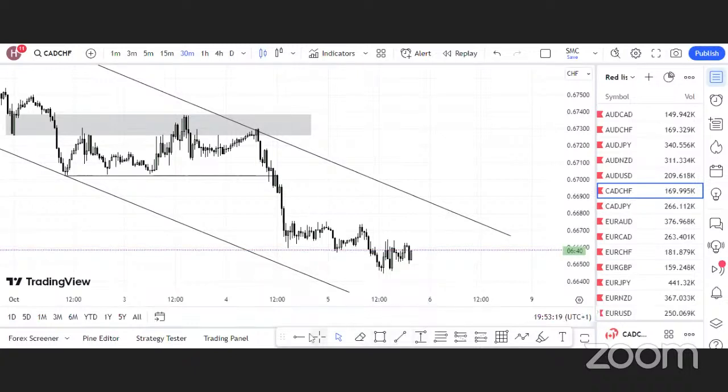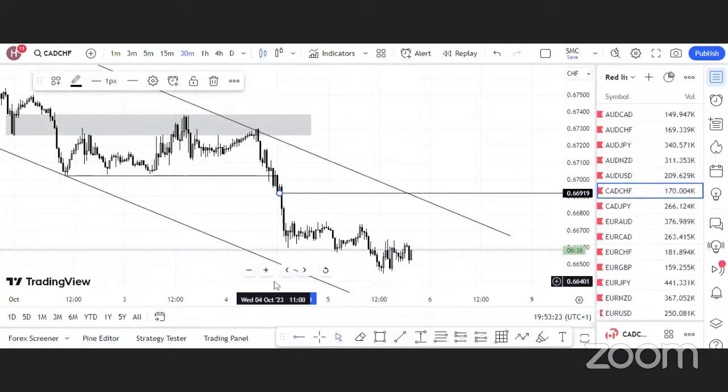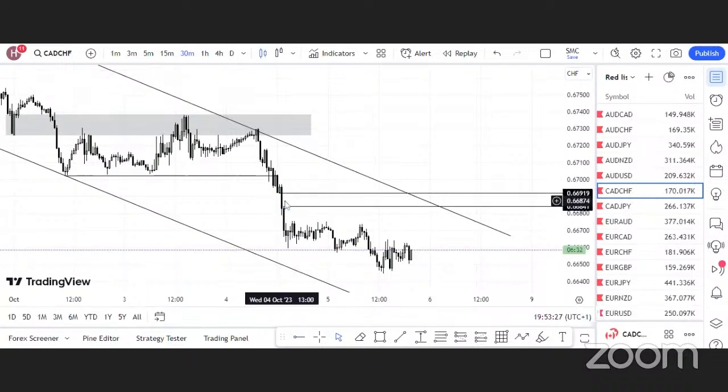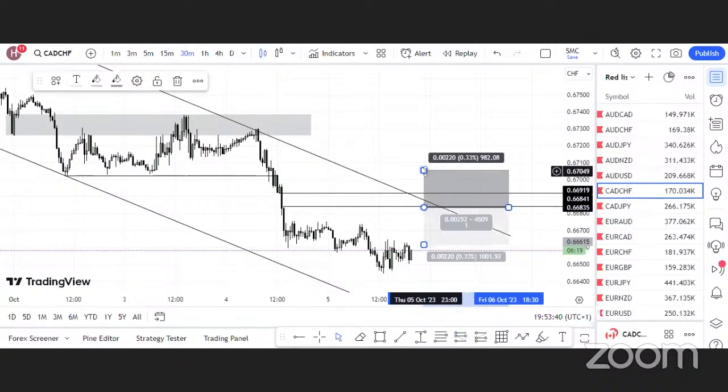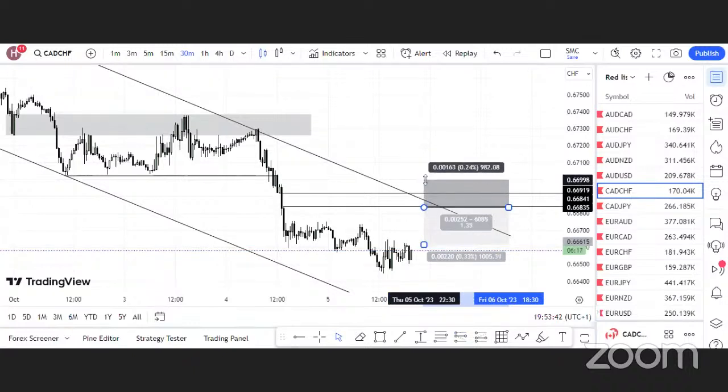Then we also have this aligning with the market. So it aligns well with what is going to happen when the market gets to this area. So this is also a trade to look out for. I think this is good.